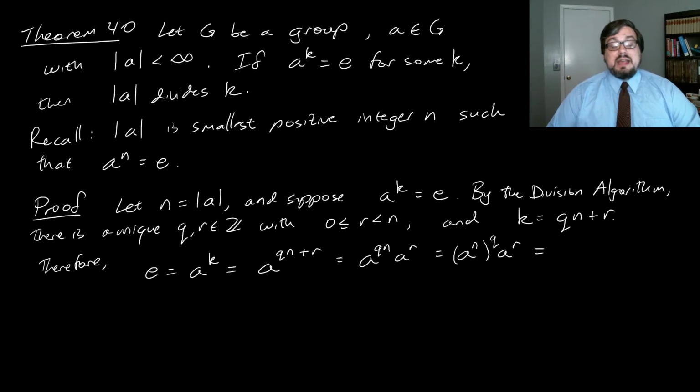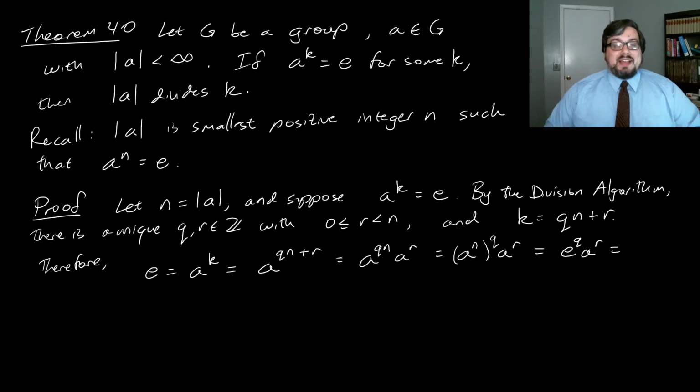By definition, n is the order of A, and the order of A is the smallest integer such that when you raise A to that integer, you get the identity. So this is the identity to the Q times A to the R.